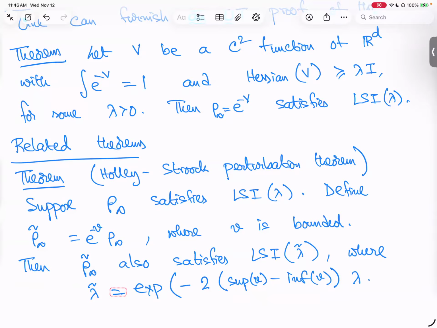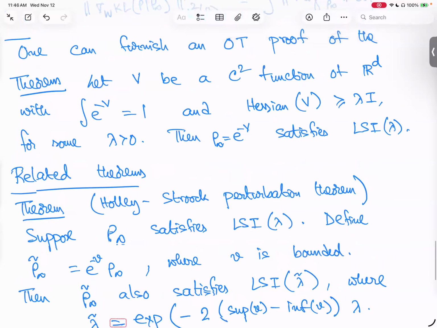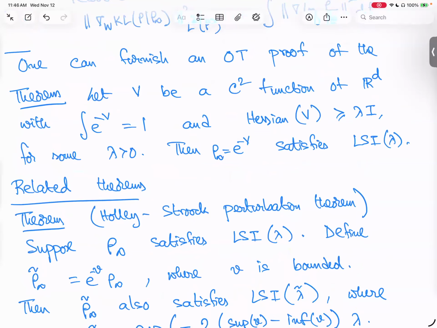The other question that you must ask is: what kind of densities are actually satisfying my logarithmic Sobolev inequality? So my theorem here says that if I take a C2 function v which is lambda uniformly convex, then e to the power minus v satisfies logarithmic Sobolev inequality. Is the converse true?